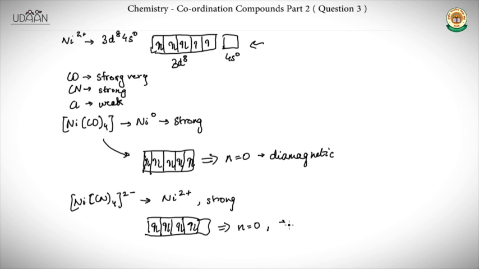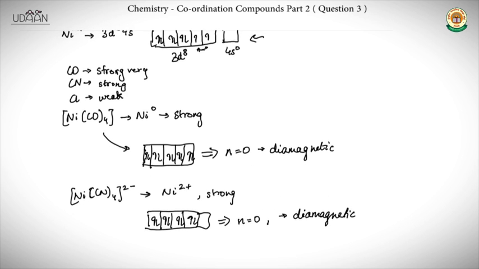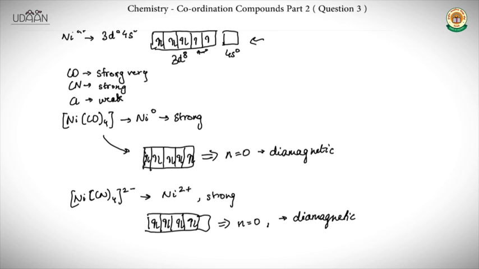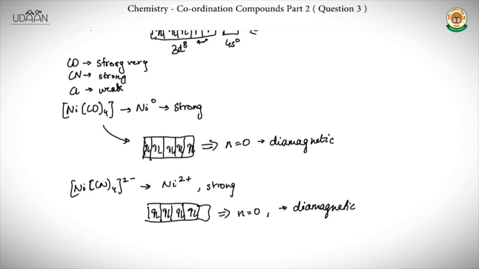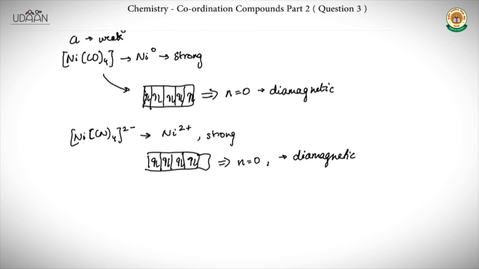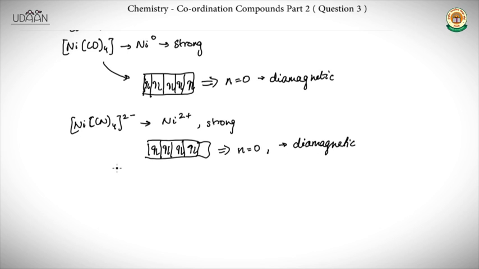That is why it is a diamagnetic compound. In this case, the two unpaired electrons were paired up, so this electron was pushed into this orbital. Both carbonyl and cyanide groups would cause this pairing in all coordination compounds. Carbonyl is the strongest field ligand, and cyanide is a very strong field ligand. This is something you will have to remember. And keep in mind the field strength of ligands, the CFSE series given in the textbook.